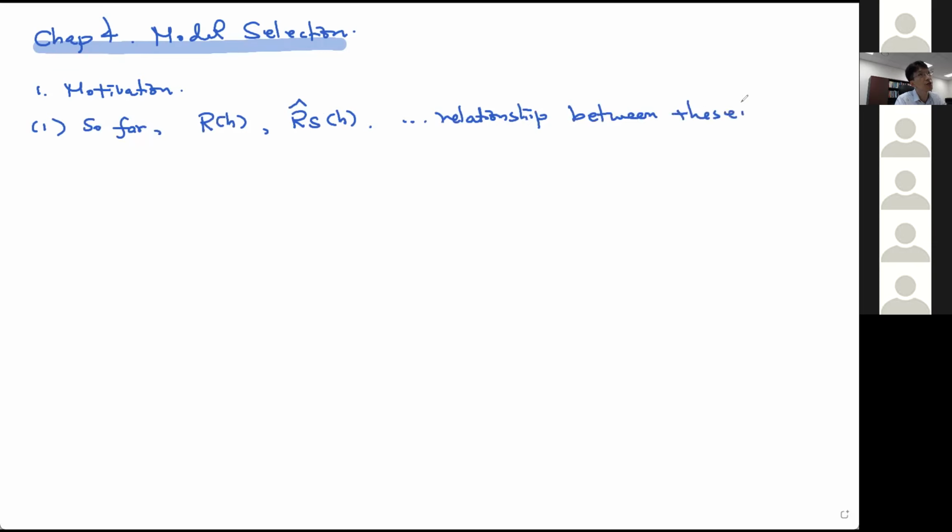And then these relationships were given in the form of the generalization bound, which says with probability at least 1 minus delta, for every H in the hypothesis set, the risk is going to be bounded by empirical risk, plus some extra term.